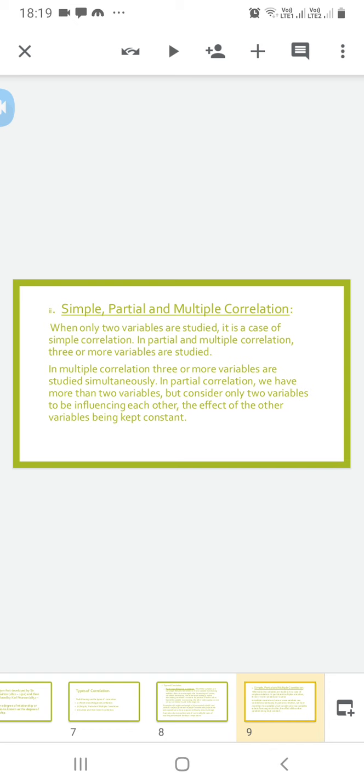In partial correlation, we have more than two variables but consider only two variables to be influencing each other, the effect of the other variables being kept constant. These are called simple, partial, and multiple correlation.